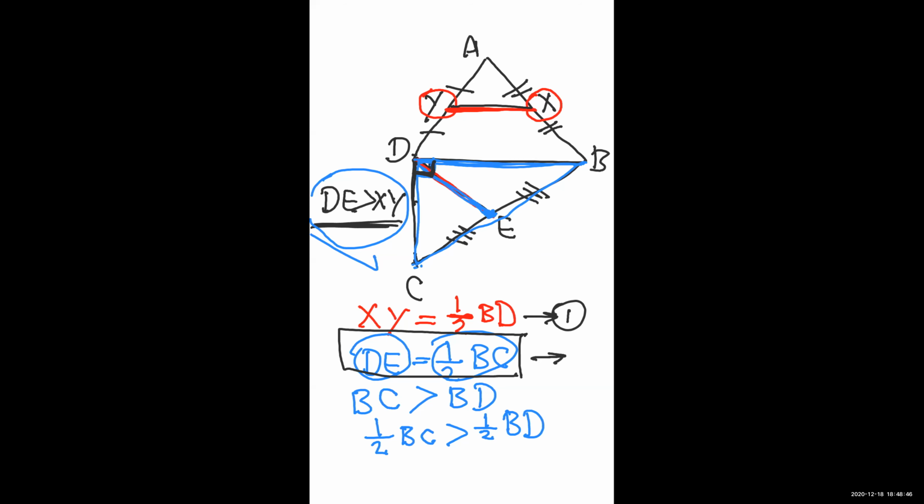This is number two. Now inside this blue triangle, BC is the hypotenuse, so BC is greater than BD.